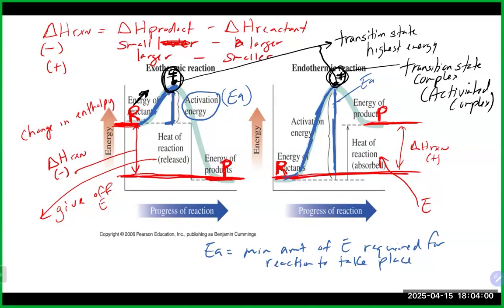What typically happens is it will drop down the hill relatively quickly to get to the other side. At that point, again, we have that exchange in energy, which either results in an endothermic process or an exothermic process. Any questions on that there?